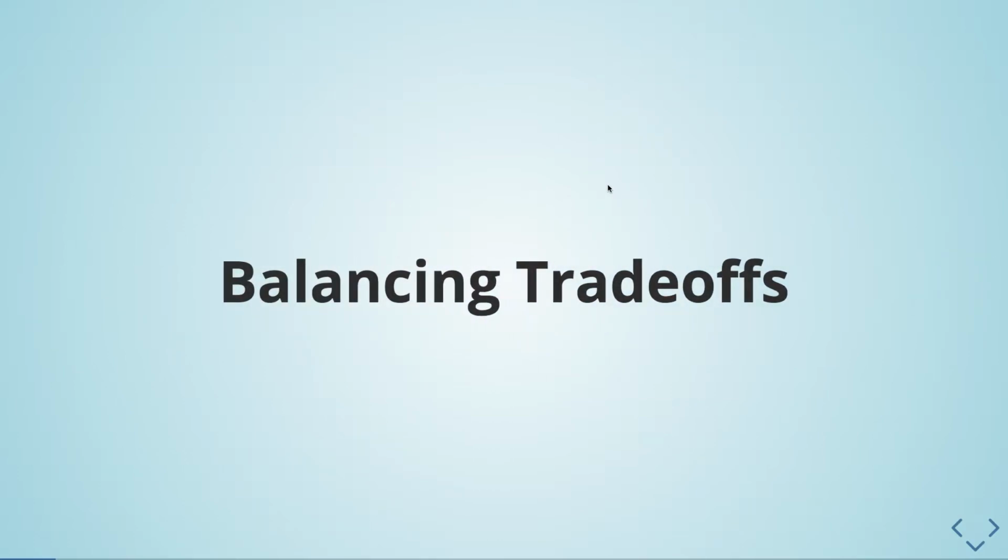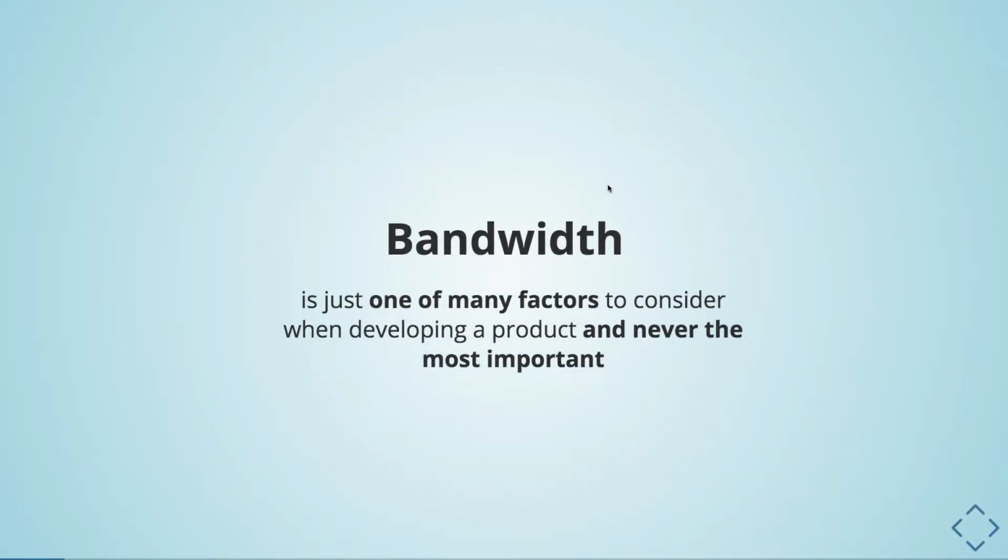When we're developing apps and websites, there are a number of things that we're always having to consider. It can be overwhelming sometimes. And the fact of the matter is, bandwidth is never the most important factor to consider. If it was, we just wouldn't build products, right? So everything I'm presenting here needs to be weighed in with other things that are also very important, sometimes more important.